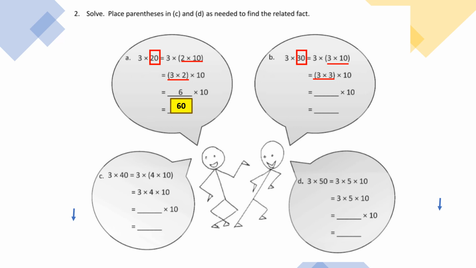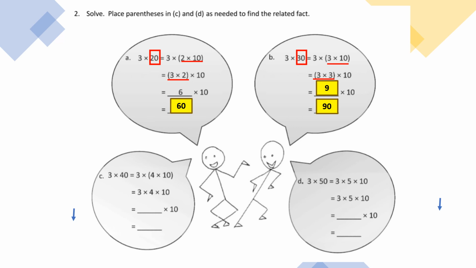Well, what's 3 times 3? If you said 9, you are correct. 3 times 3 is 9. So now, instead of 3 times 30, we have 9 times 10. And what's 9 times 10? If you said 90, you are absolutely correct.